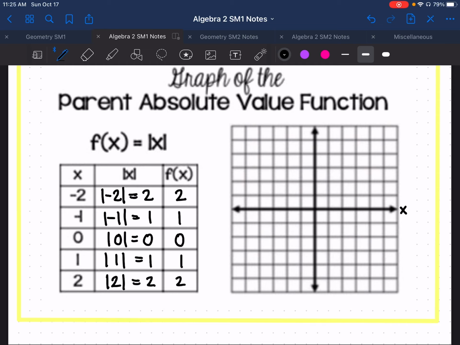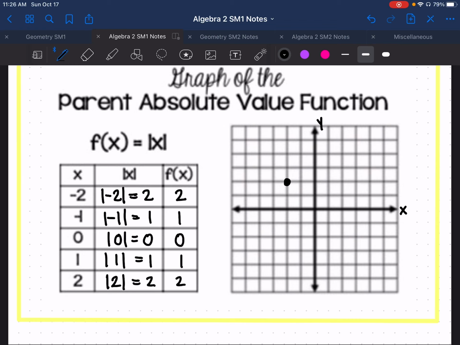Remember, this is your x-axis and this is your y-axis, and your ordered pair is right here and here, because remember, this is your y value. So we're going to go to -2 on the x-axis and up to +2. Right there.